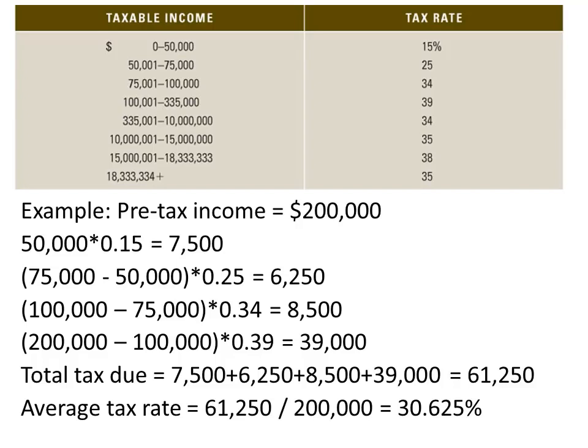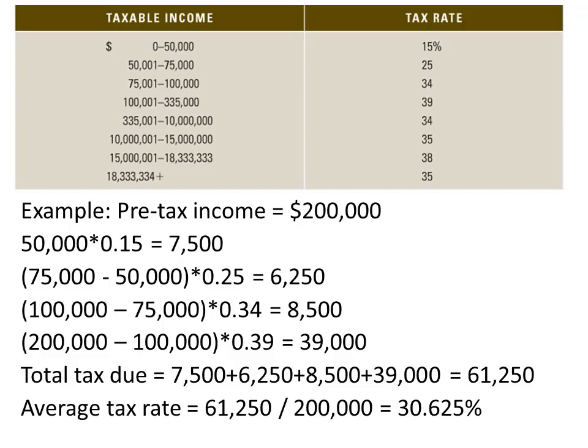So 200,000 minus 100,000 multiplied by 0.39, that's the decimal equivalent of 39%, gives us $39,000. Now when we add all these numbers together, 7,500 plus 6,250 plus 8,500 plus 39,000, we arrive at $61,250. This is the total amount of tax that the firm would have to pay.